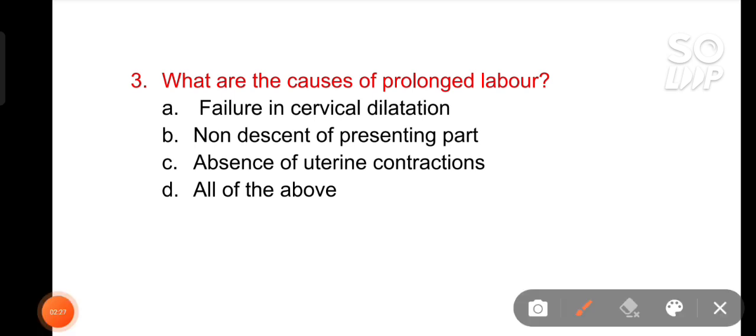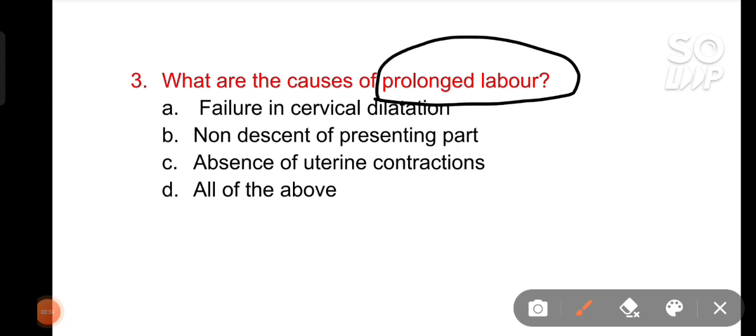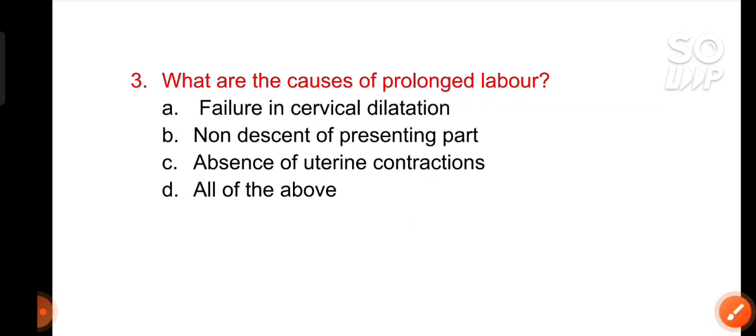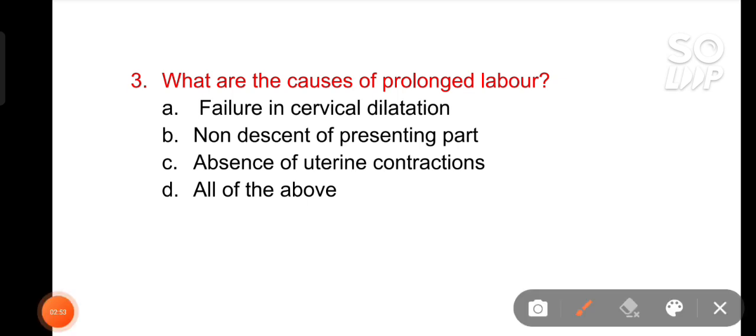The next question is, what are the causes of prolonged labor? Prolonged labor means when the mother is giving birth to the baby, the normal duration is 1 to 3 hours or 1 to 4 hours. It depends on the gravida of the mother, primigravida or multigravida. So what are the causes of prolonged labor?